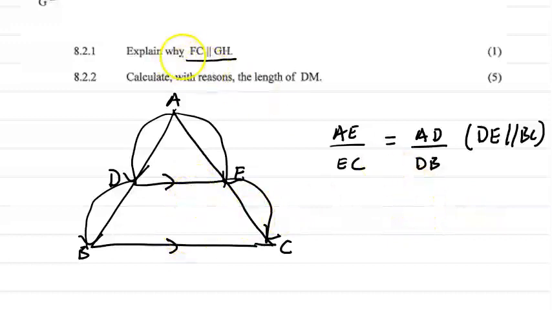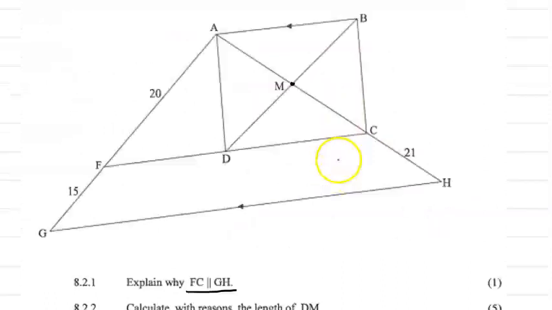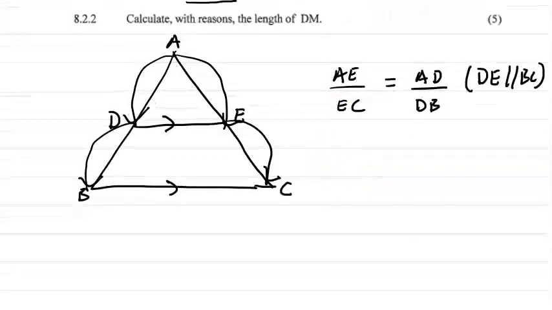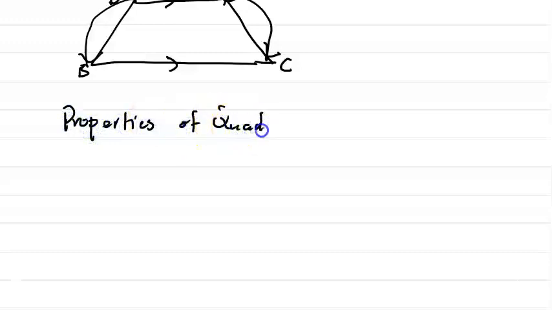Now, it says explain why FC is parallel to GH. So we're going to also look at the properties of our quadrilaterals. What is a quadrilateral? Well, a quadrilateral is a four-sided figure. And in particular, today we're going to be looking at the properties of a rectangle. So properties of, let's just call it quads, right?